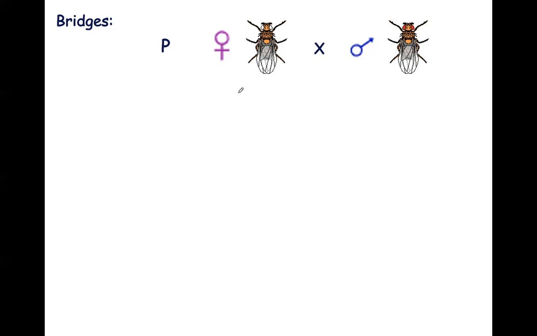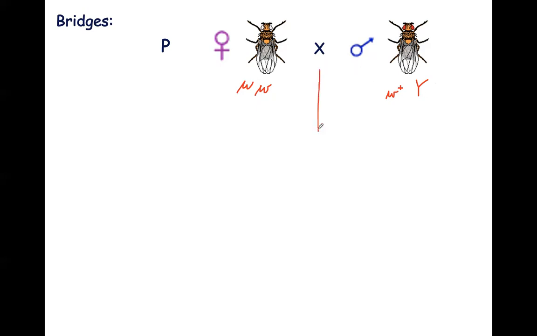Okay, this is a white-eyed female. So we all know what the genotype is. WW, because W is white and it's recessive. This is a red-eyed male, so we know exactly what that genotype looks like. There's a Y, because it's a male. And this must be W plus, because it's red. And so this is white and this is red.